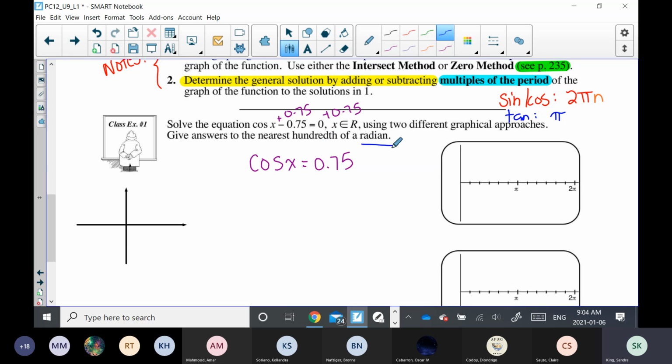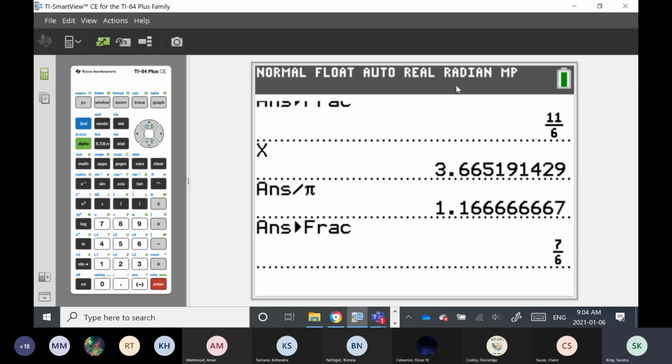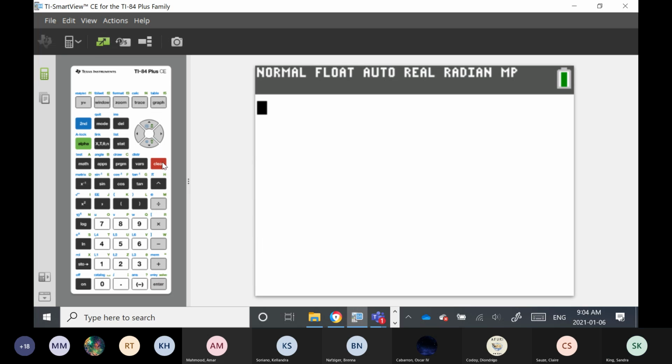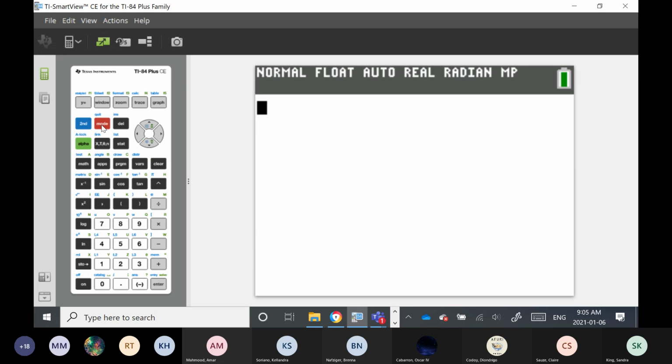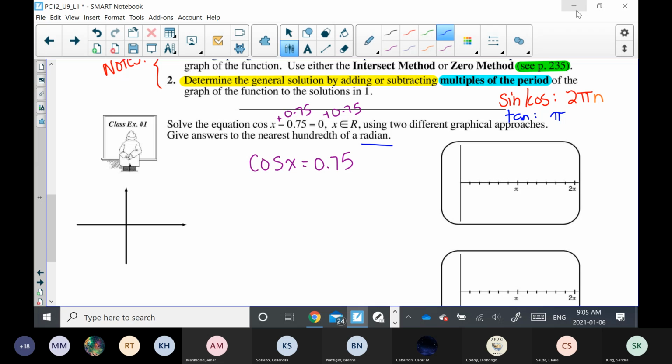We need to be in radian mode, so let's make sure our calculators are in radian mode. They are. Let's clear what we have. Okay, let's find the reference angle. The inverse cos of the absolute value of this number will give us our reference angle.